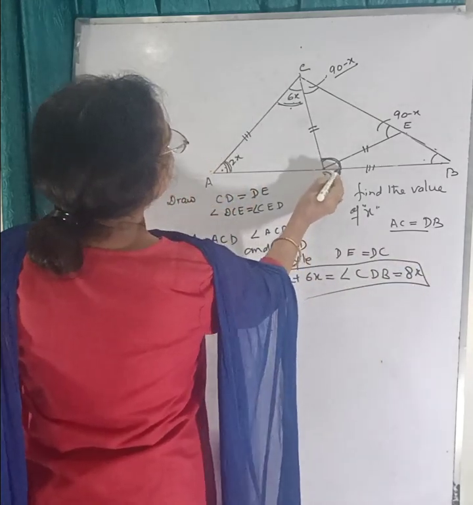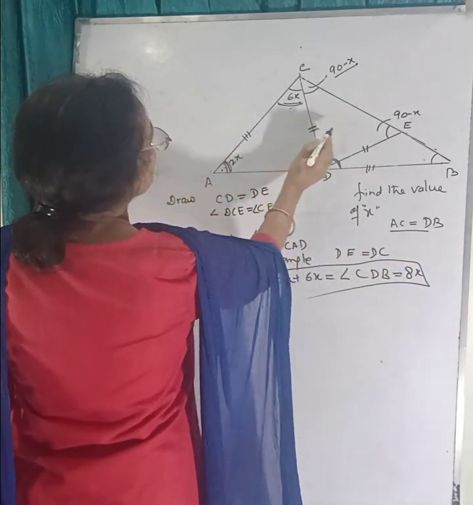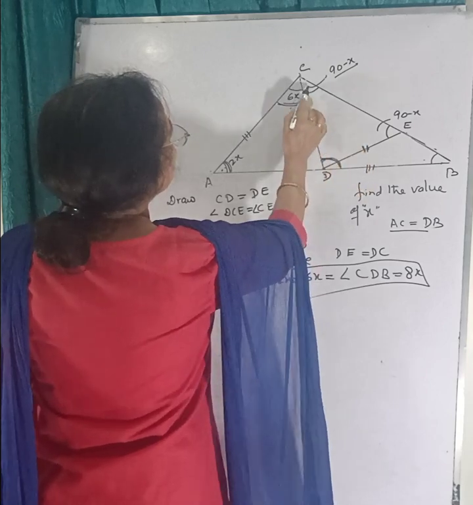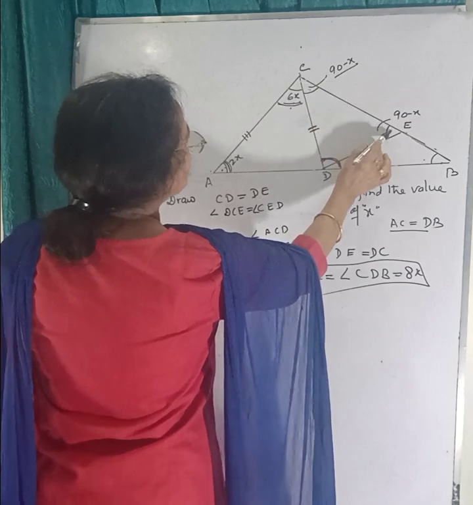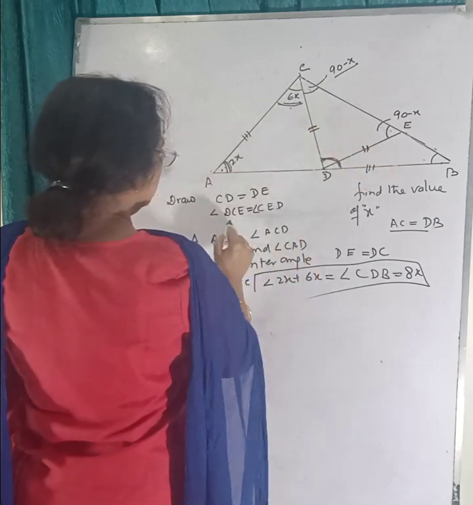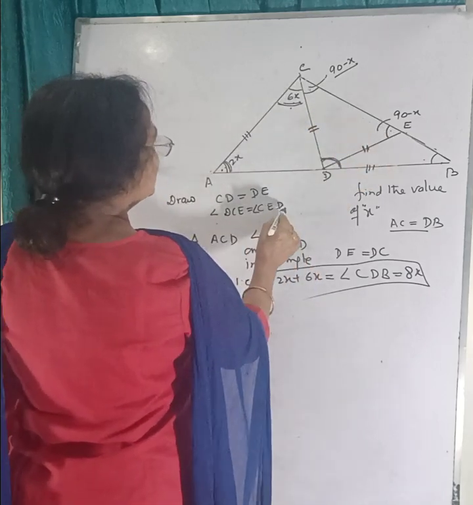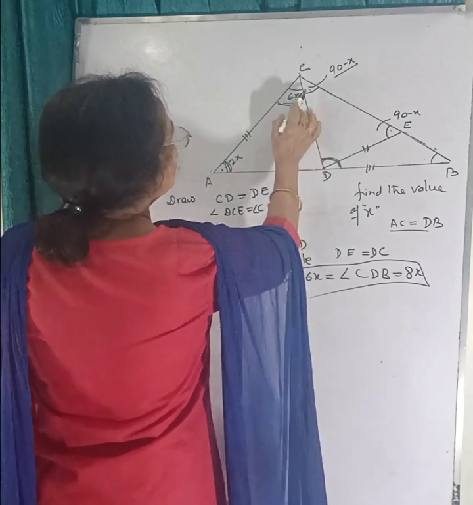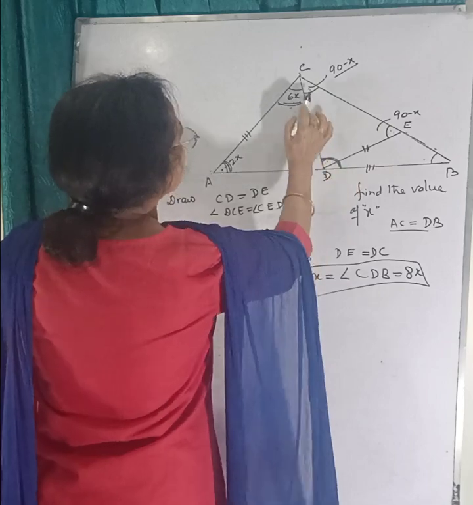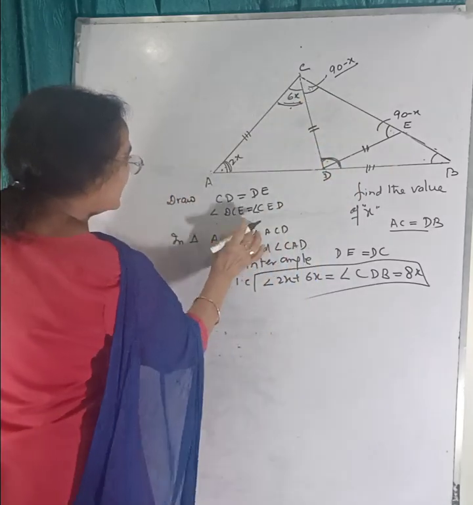Whole angle is 8x. But this arm is equal to this arm. It means this angle is equal to this angle. ये हमने कर रखा है. इसका मतलब ये हुआ, the addition of these three angles is also 180. इसमें एक लाइन इधर भी लिख दें.